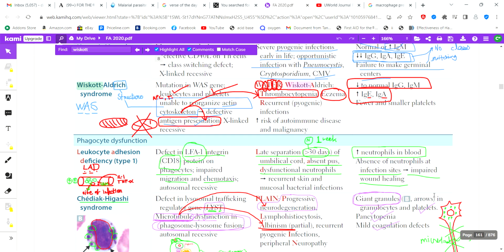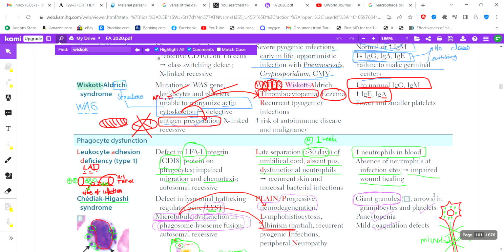And Wiskott-Aldrich syndrome is X-linked recessive. So there is an increased risk of autoimmune disease and malignancy. You have thrombocytopenia, eczema, and recurrent pyogenic infections.